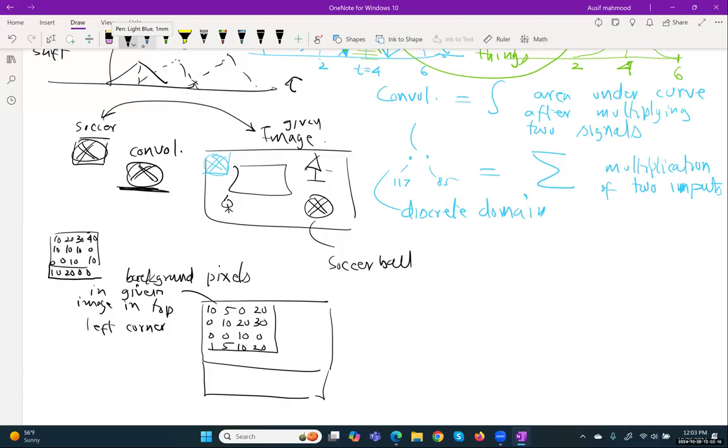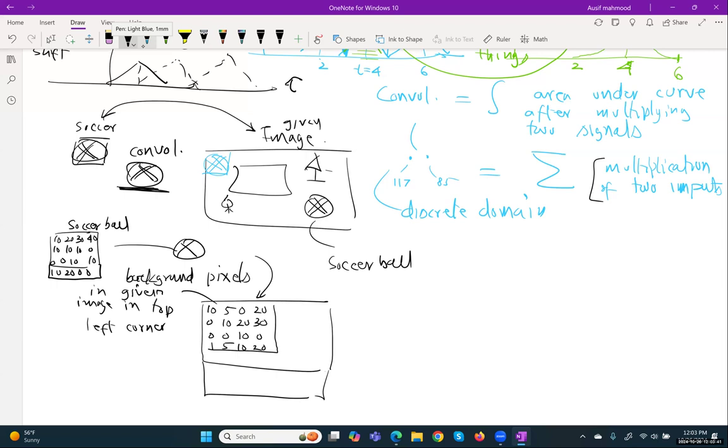So this is my soccer ball. Now let me show you the convolution of the soccer ball with the top left side. Like I said, convolution is you multiply the two inputs and then add them up. That's all there is to convolution.